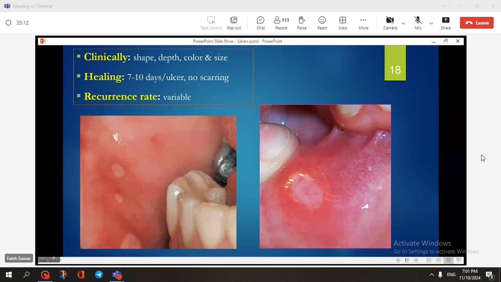It is not just one time, as, for example, if you remember the ulcers associated with the herpes virus, herpetic gingivostomatitis, which comes one time. But here the ulcers are recurrent. So this is important in the history.